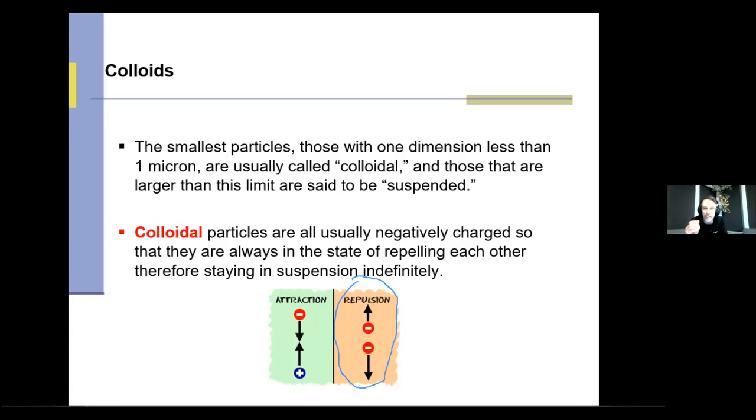What are they doing in there? They're repelling. And because they're repelling, they stay in suspension. They don't come out of solution. They just bounce off each other and they stay in suspension. Try this at home. Make a cup of tea. Leave it on your counter. In a couple of days, it still looks like tea.